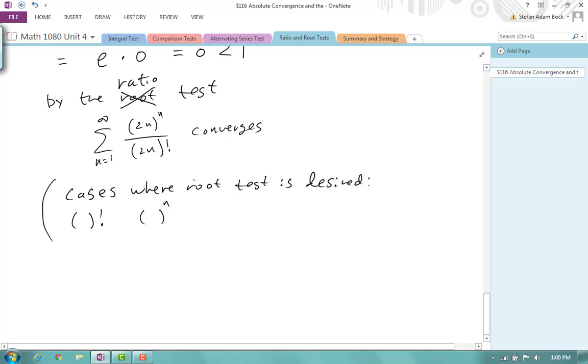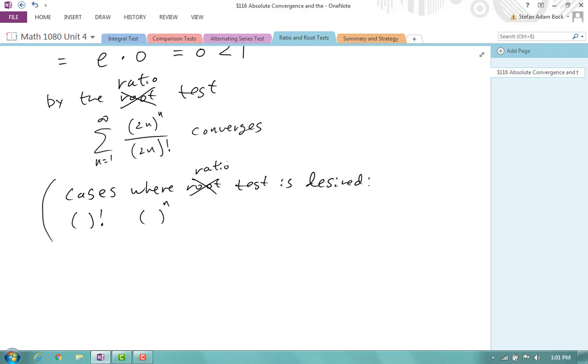I said root again, didn't I? It's a problem with having two similar tests in one section. If I have something to the n anywhere in my problem, or if I have an expression to the n, then it's a really good idea to try to use the ratio test for this kind of a problem.